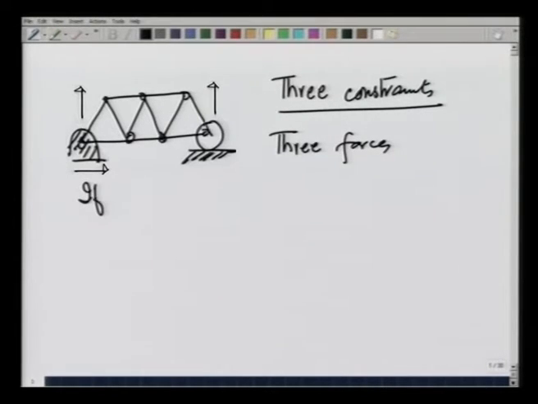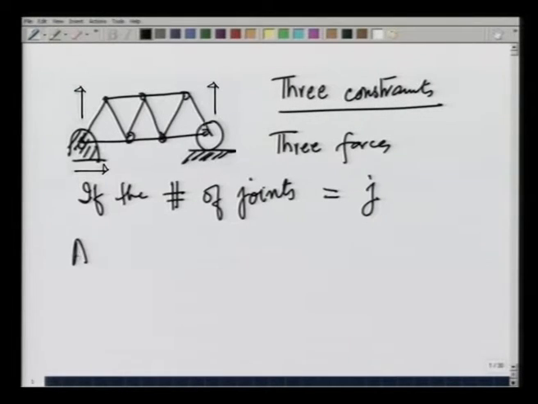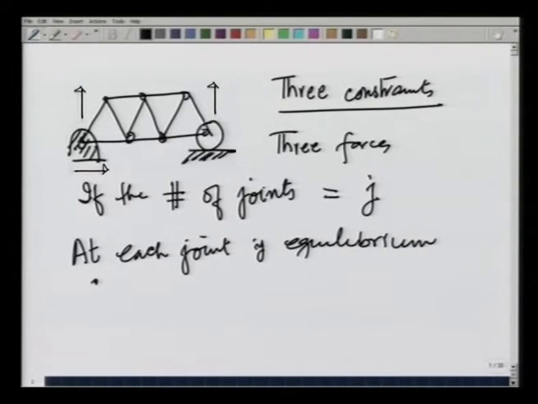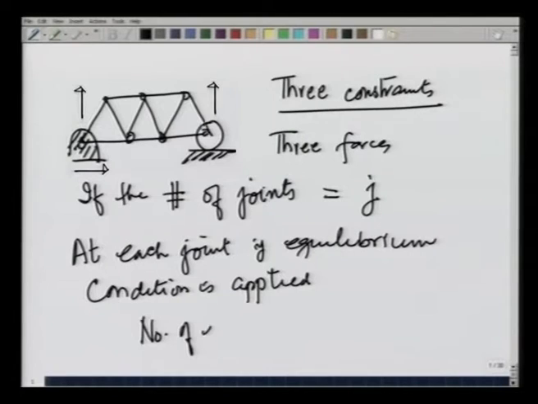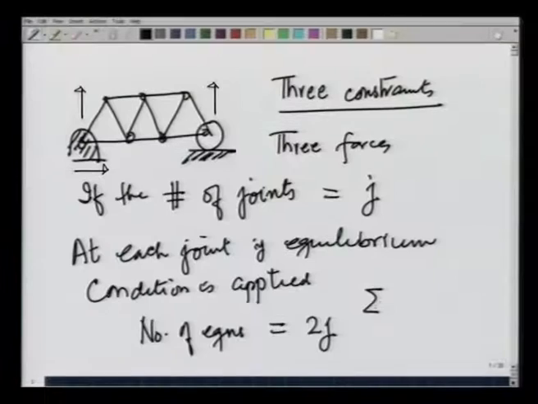And then if the number of joints is equal to j, then at each joint if the equilibrium condition is applied, then we have the number of equations equal to 2j, because at each joint, since it is a point, there will be only 2 equations, summation f x equals 0 and summation f y equals 0.